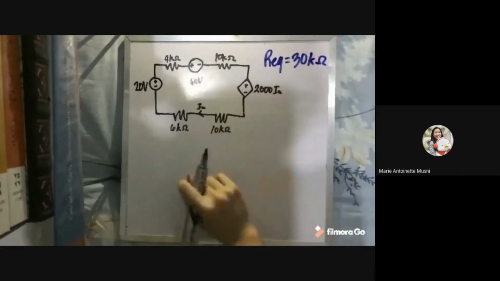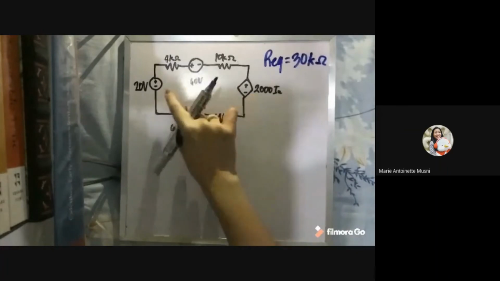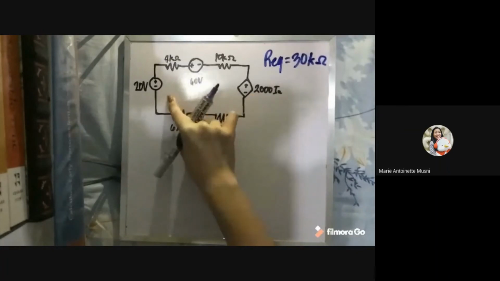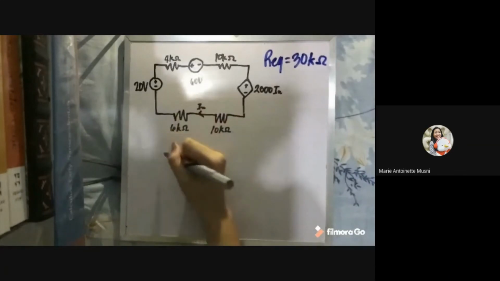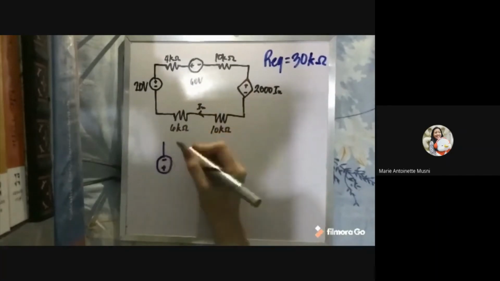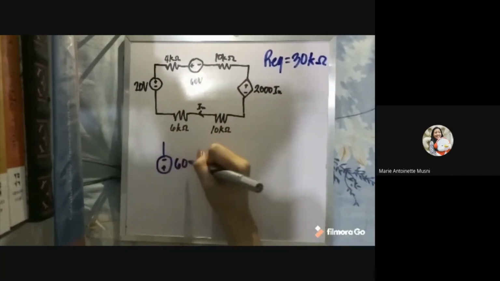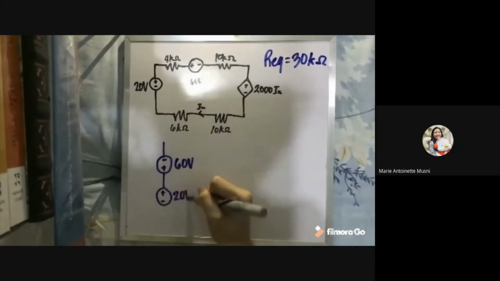The next thing we can do to simplify the circuit first is combine our independent source voltages. Now, we can first redraw that. So we have the negative and positive terminal of the 60 volt source here, connected in series to our 20 volt source.